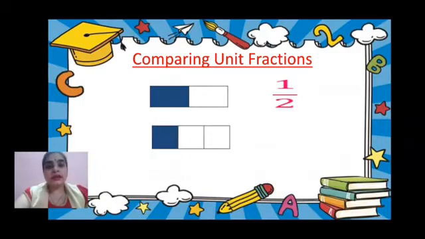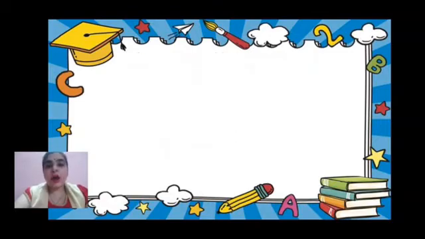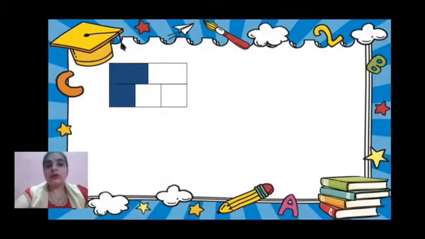Then I have taken one more figure which is equal in size but I have divided it into 3 equal parts and shaded one part of it. So it represents 1/3. Now I will again keep this figure one below the other.